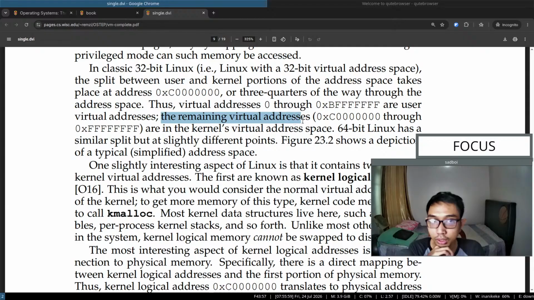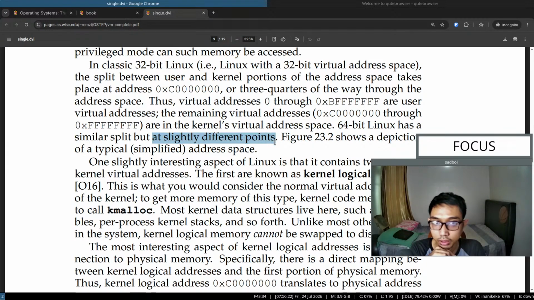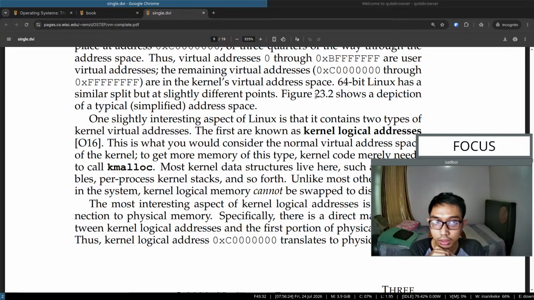The remaining virtual addresses, from this one until this one, the 32-bit limit, are in the kernel's virtual address space. 64-bit Linux has a similar split but at a slightly different point. Figure 23.2 shows a depiction of a typical simplified address space.